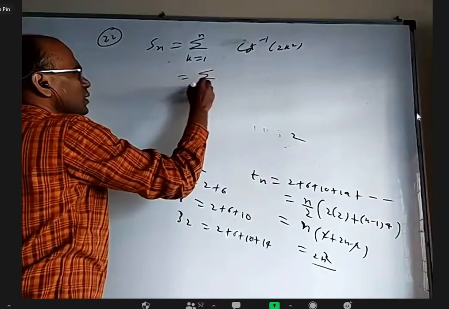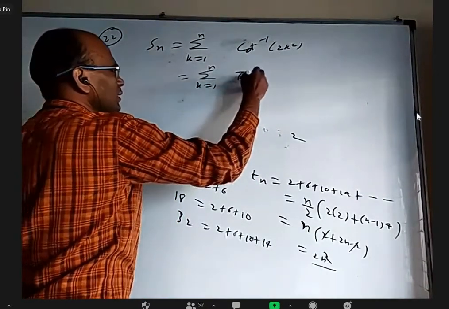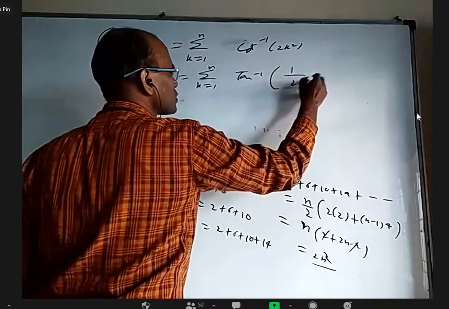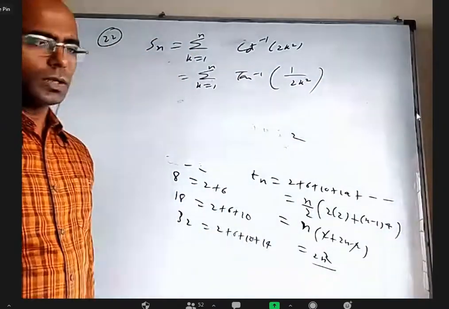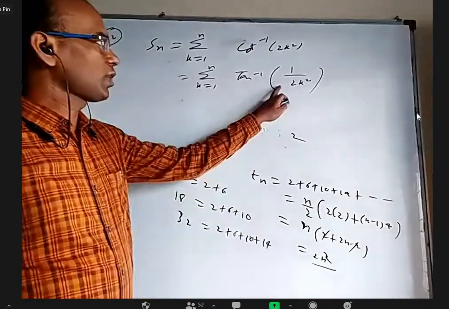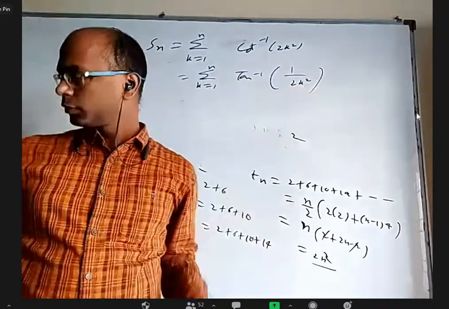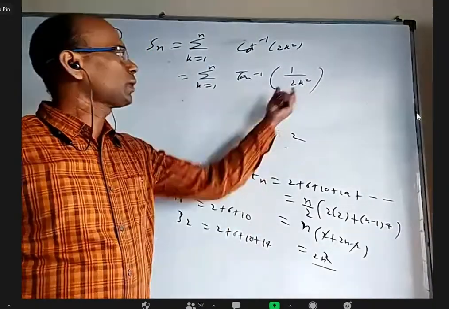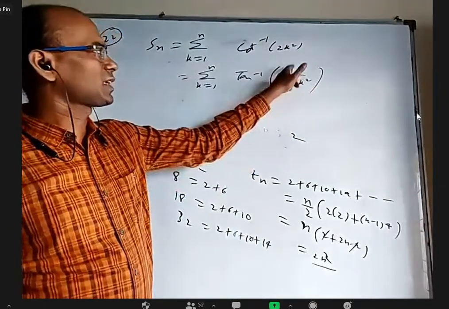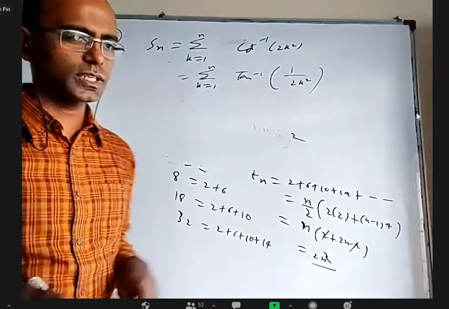That is sigma k equal to 1 to n tan inverse 1 by 2k square. If I directly add 1 here, subtract 1 here, I will not be able to write it as a product of two things and the difference is this, x minus y by 1 plus xy.